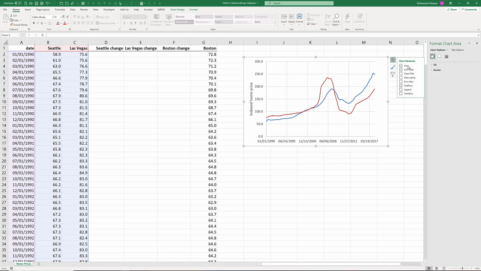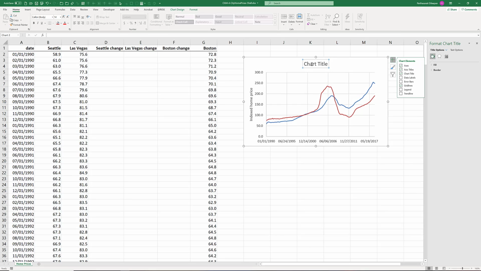Okay, and then chart title, indexed home price, based on January 1st, 2000 equal to 100.